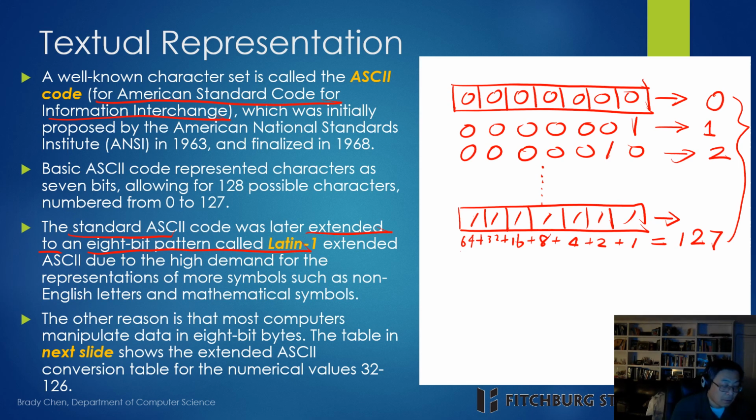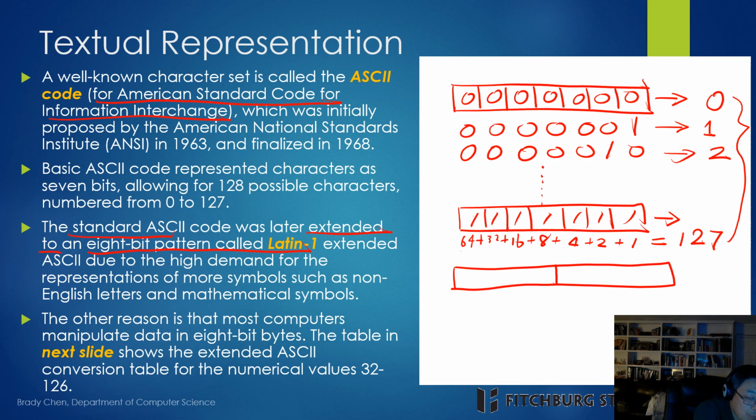Sometimes they want to include more symbols, such as non-English letters like French, Italian, or even Russian. Or we want to add some mathematical symbols. So the standard ASCII was extended to Latin 1, which is 8 bits.